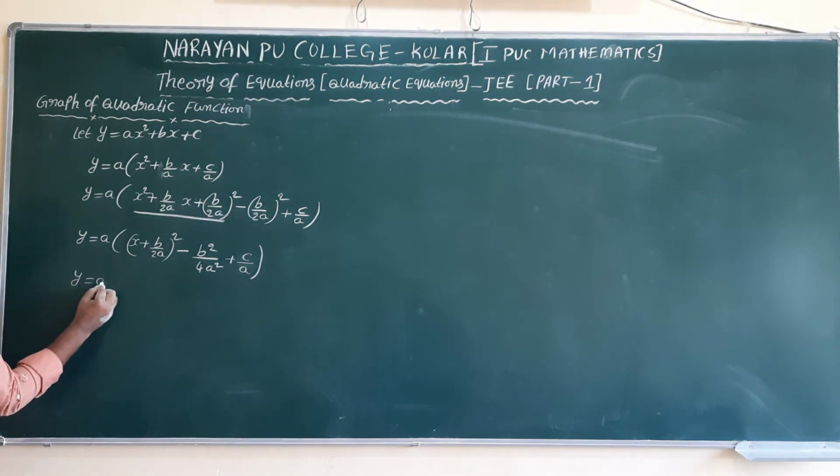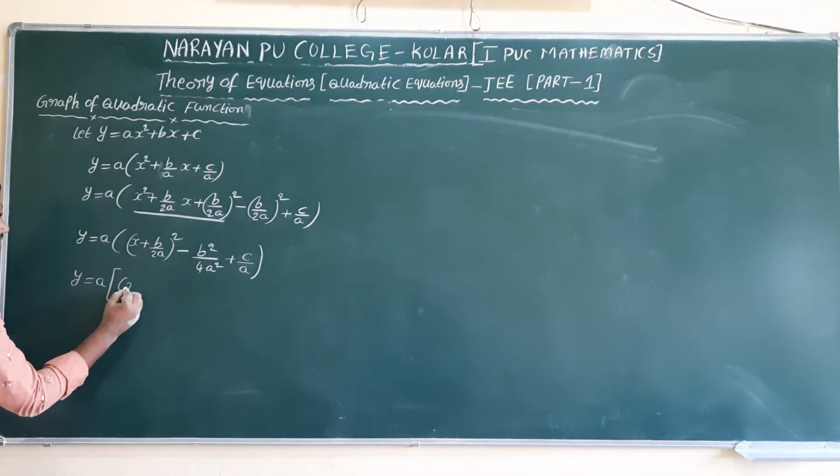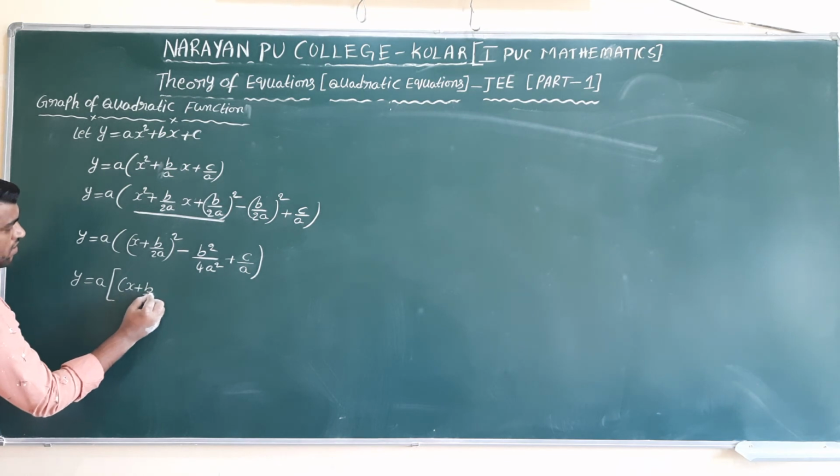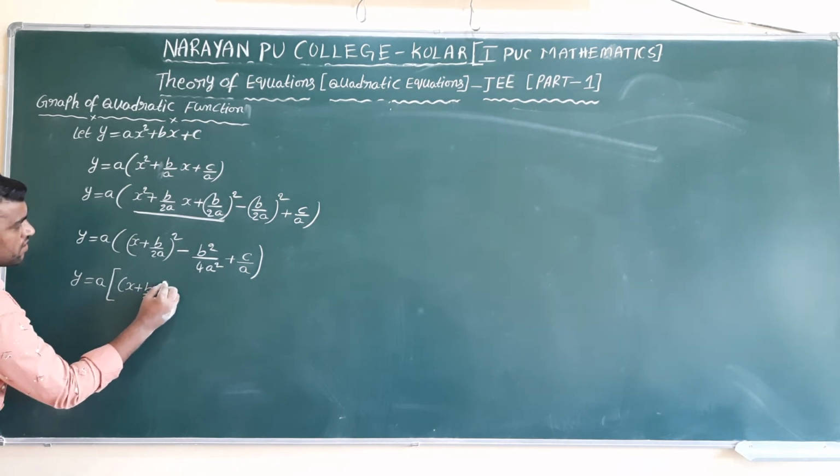So y equal to a into x plus b by 2a whole square, minus b square by 4a square plus c by a.